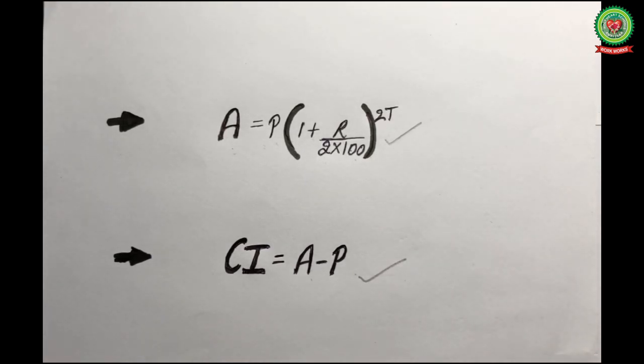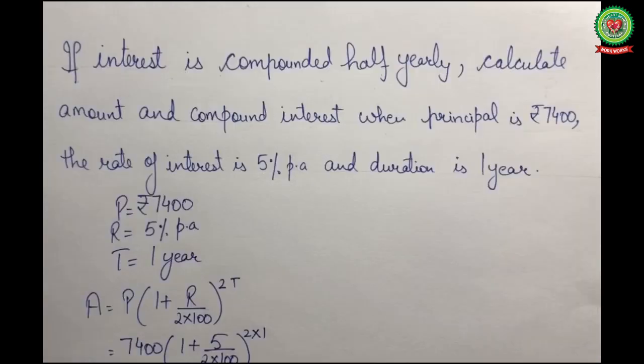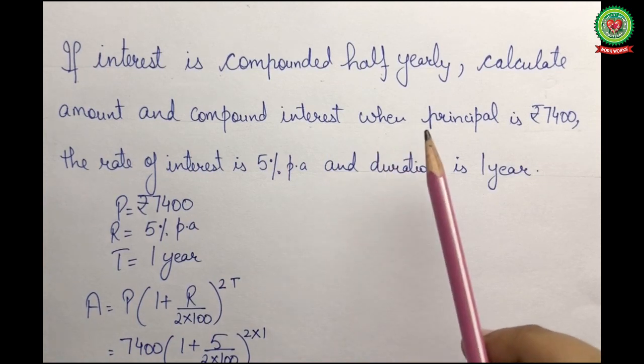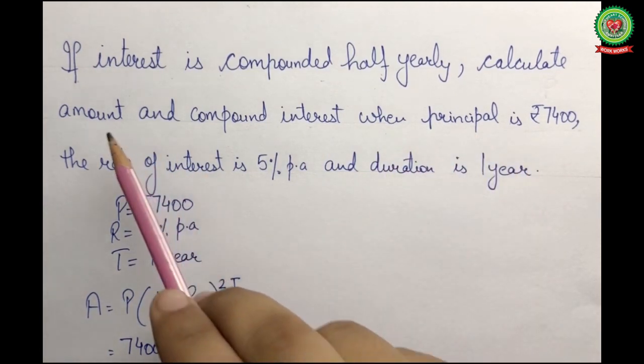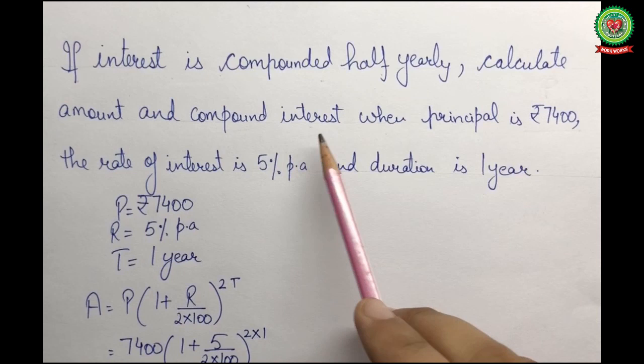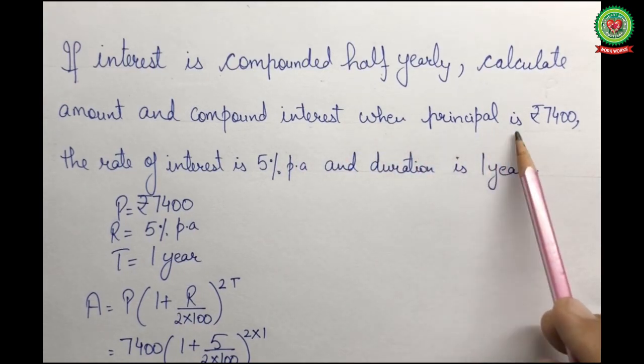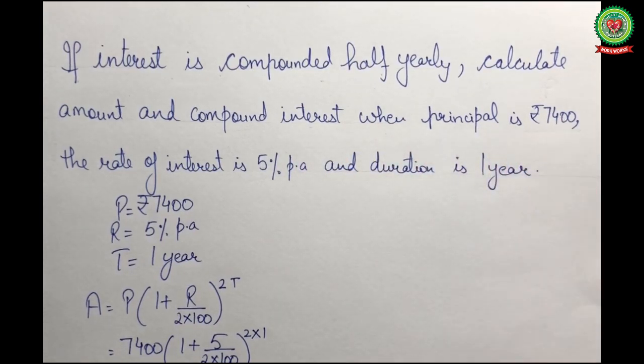Now let us discuss some examples based on this type. The first example is, if interest is compounded half yearly, calculate amount and compound interest when principal is rupees 7,400, the rate of interest is 5% per annum and duration is 1 year.